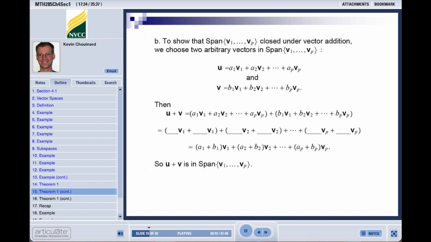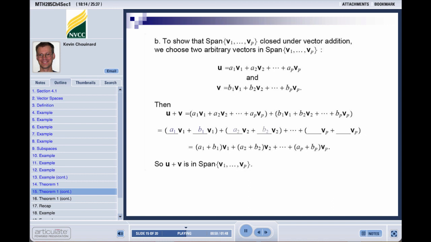If we look at u and v, where u is equal to a sub 1 v sub 1 plus a sub 2 v sub 2, etc., all the way through a sub p v sub p, and if v is the vector b sub 1 v sub 1 plus b sub 2 v sub 2, etc., all the way through b sub p v sub p, then when I add them together, I can add like terms. Add the v sub 1 terms, add the v sub 2 terms, add the v sub p terms. And when we do that in each case, you'll be adding an a term to a b term.